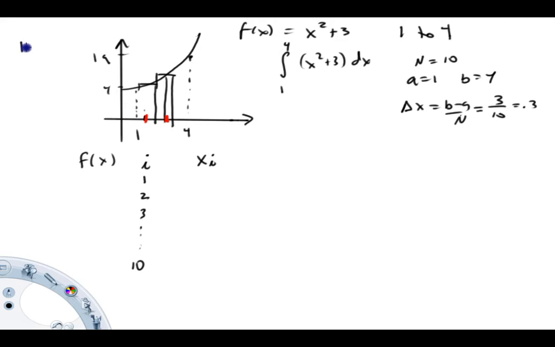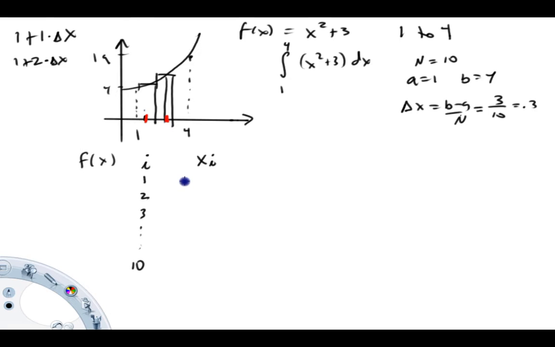Look at the product 1 times delta x. I'm sorry, I have to back up. 1 plus 1 times delta x. If you look at what that does, 1 moves us to here, plus 1 times delta x would put us at the right-hand side of the first rectangle. 1 plus 2 times delta x, 1 plus delta x plus another delta x, puts us at the right-hand side of the second rectangle. 1 plus 3 delta x puts us at the right-hand side of the third rectangle, and so forth.